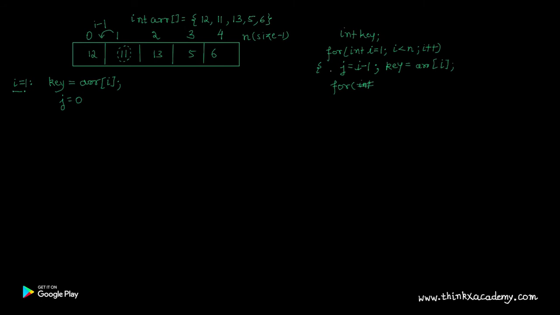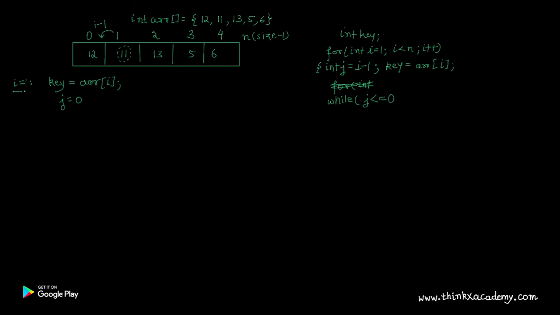We have already defined the integer j here. So we will run this for loop. No, we will just create a while loop in this case, not the for loop, because we will have to compare it with the previous set of cards, so we will write a while loop which will run until the value of j becomes less than 0.